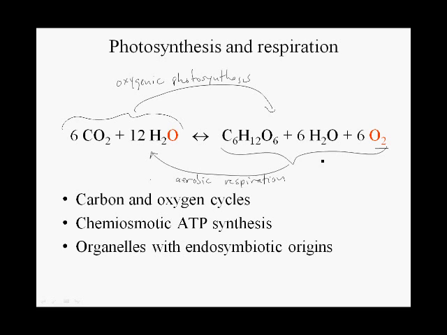And we will talk about that in class. But for now, oxygenic photosynthesis and aerobic respiration are the predominant forms of photosynthesis and respiration on Earth. And they are responsible for the global carbon and oxygen cycle.